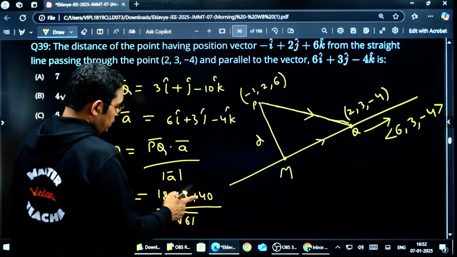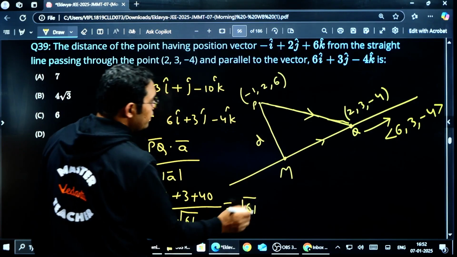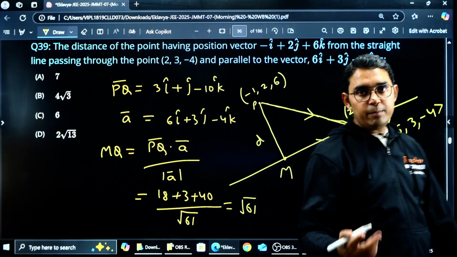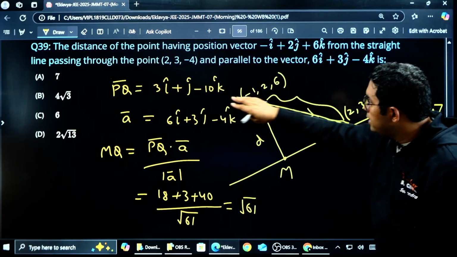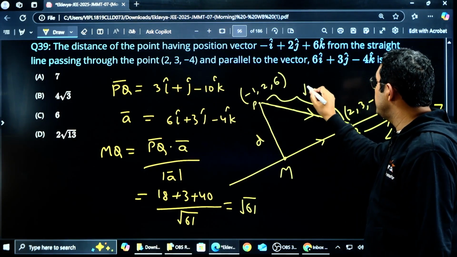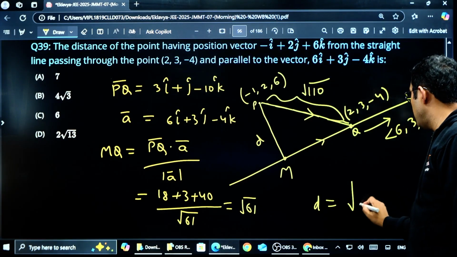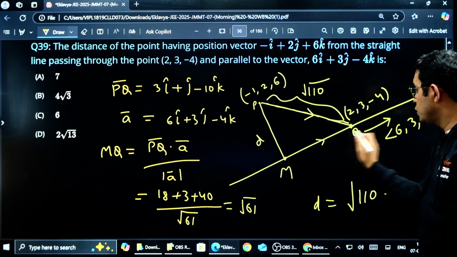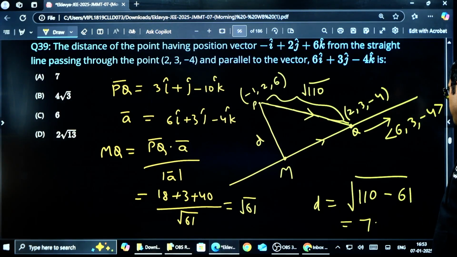The numerator is also 61. So this MQ is coming out to be root 61. And we know PQ, and then Pythagoras theorem will give you this distance D. What is PQ? It is nothing but the magnitude of PQ, that is 100 plus 9 plus 1, that is root 110. So the D value will be equal to under root of 110 minus square of root 61, that is 49. So this becomes equal to 7.